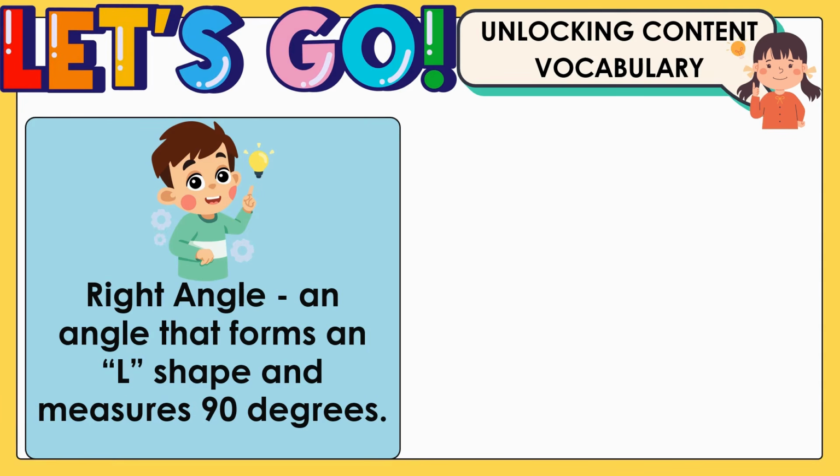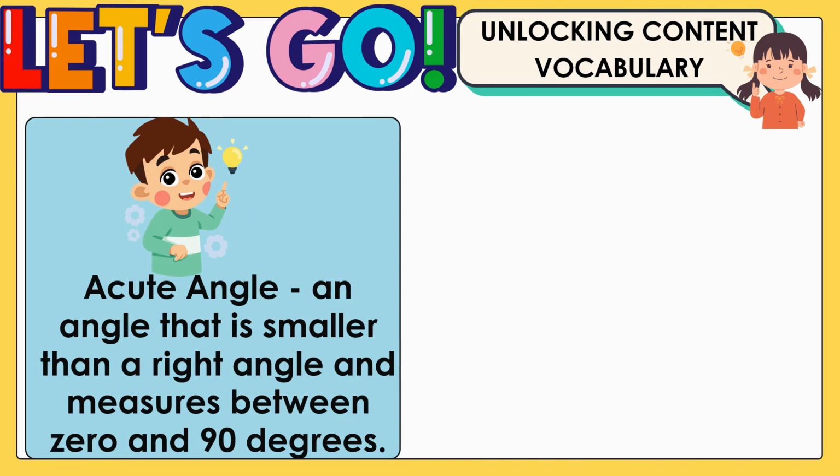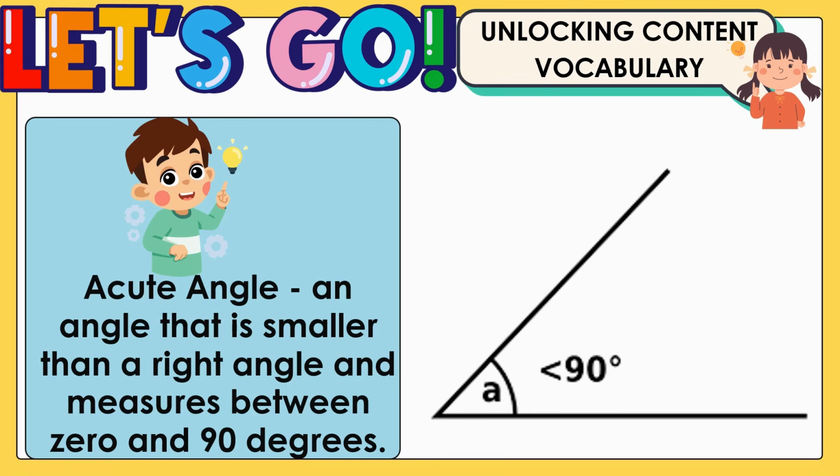Unlocking content vocabulary. Right angle: an angle that forms an L shape and measures 90 degrees. Acute angle: an angle that is smaller than a right angle and measures between 0 and 90 degrees.